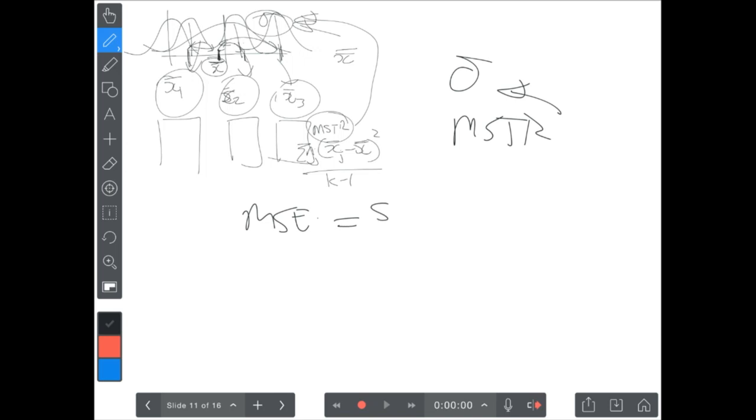So when we get SSE over NT minus K, this is giving us a variance, and that variance is estimating sigma squared.